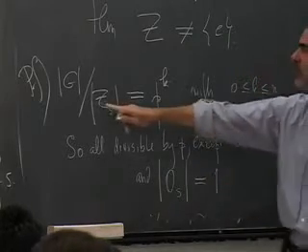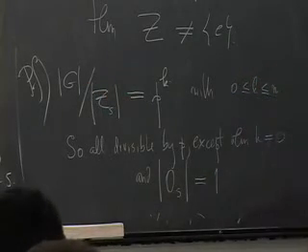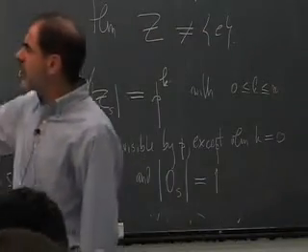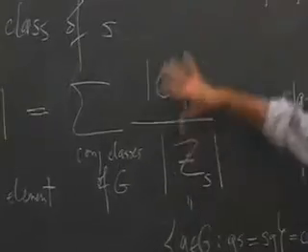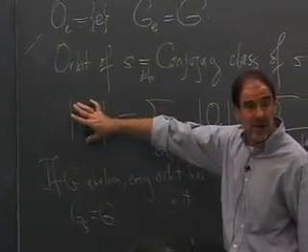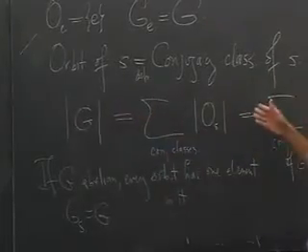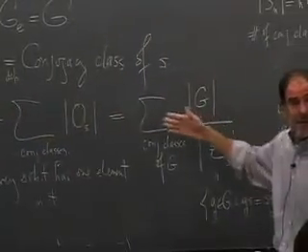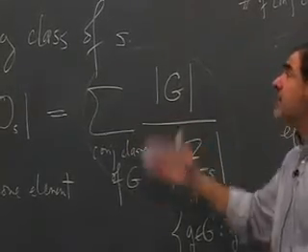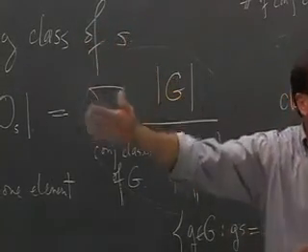I mean, one possibility is the centralizer is the full group. Okay? So all the terms here except the central conjugacy classes are divisible by p. Over here, the order of G is divisible by p. So the number of 1s that we get in this sum has to be divisible by p. Which means you can't just have the identity in the center. 1 is not divisible by p.